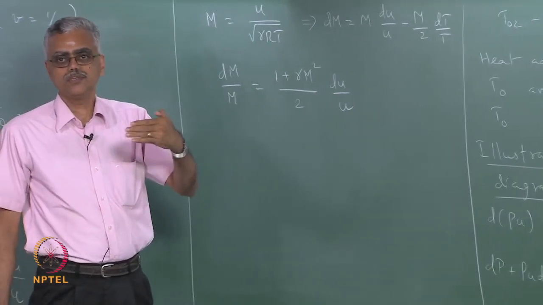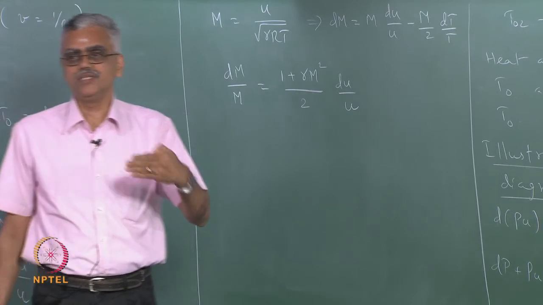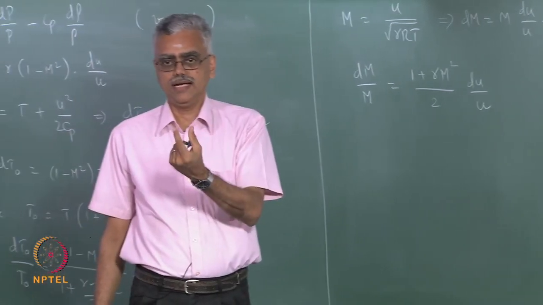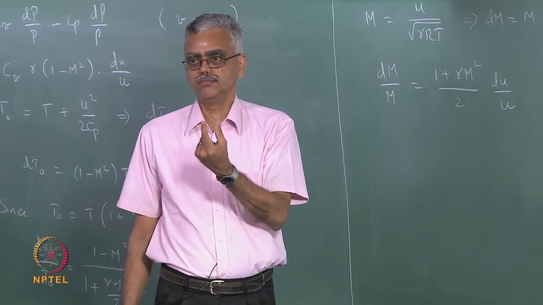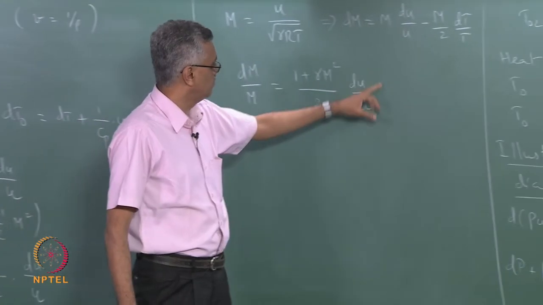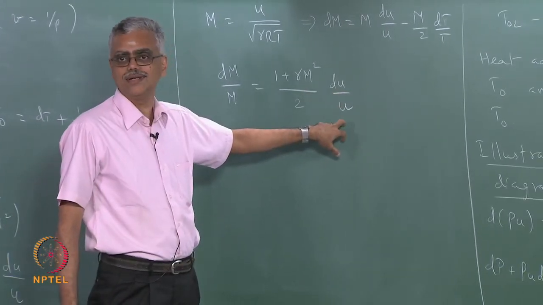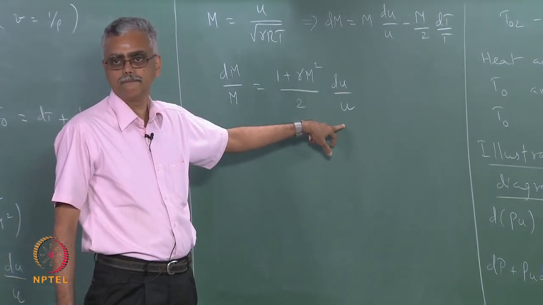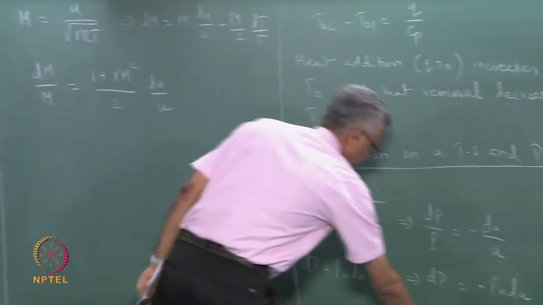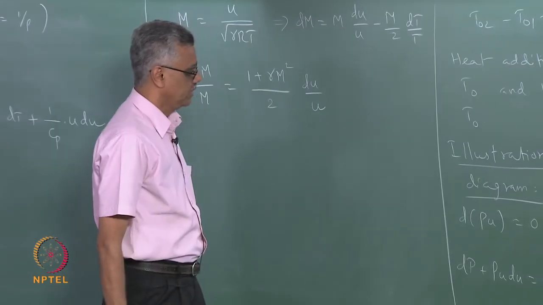But this is a problem where we are looking at flow with heat addition. So what I want to know is, if I add delta Q, what is the change in the state? So I would prefer to have delta Q or something related to that rather than du over u. So let us label these equations with an asterisk to show that these are the governing equations.